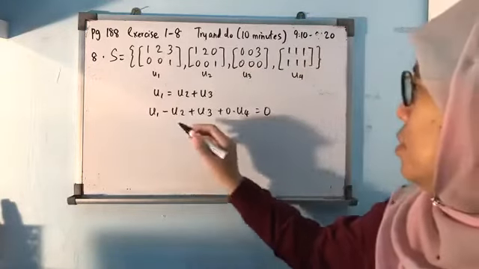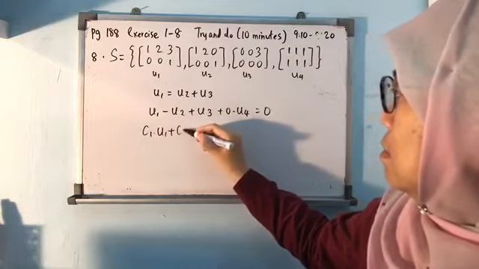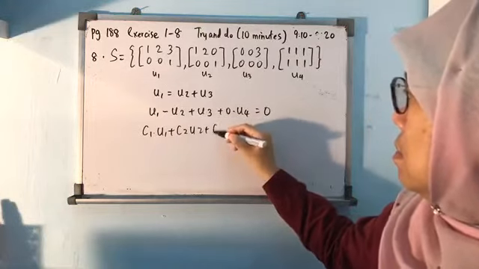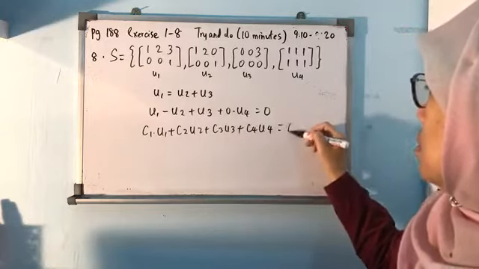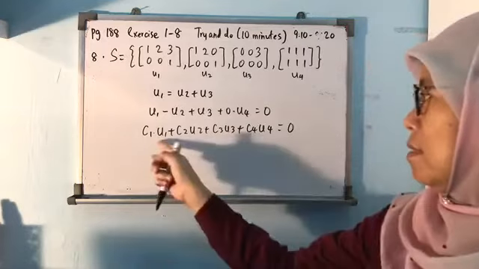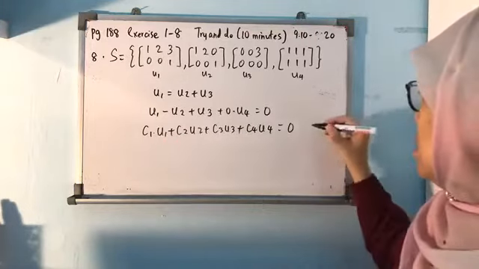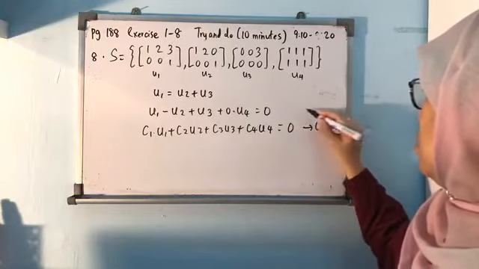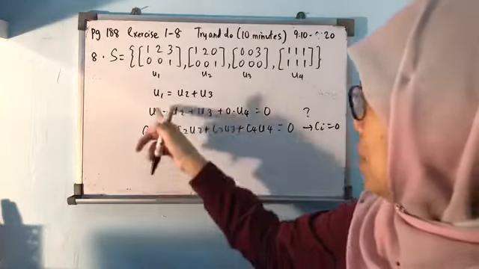Okay, so from here, you want to compare with the definition of linearly independent, kan? This is the definition of linearly independent. You want to know whether all Ci is 0 or not. From here, you can compare.